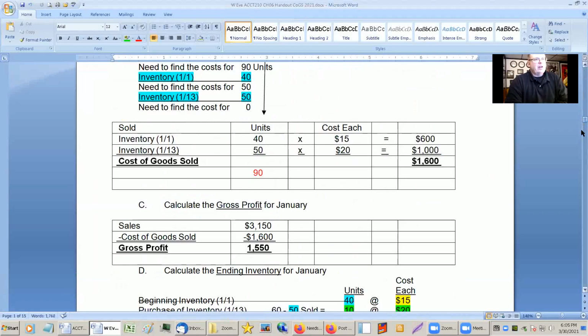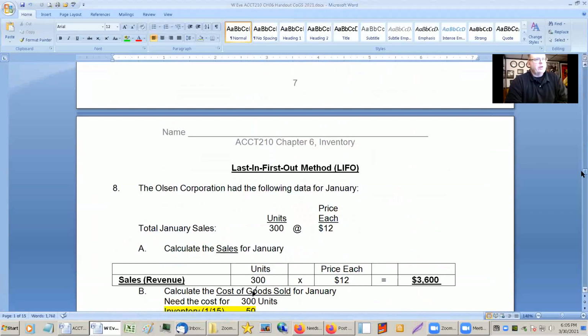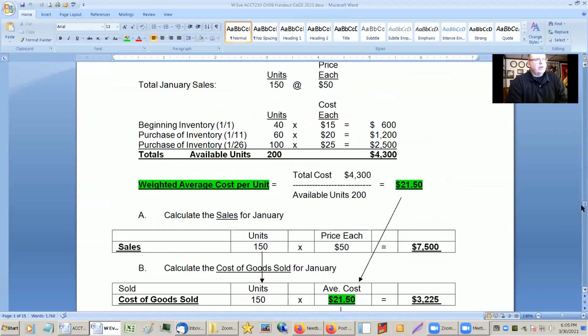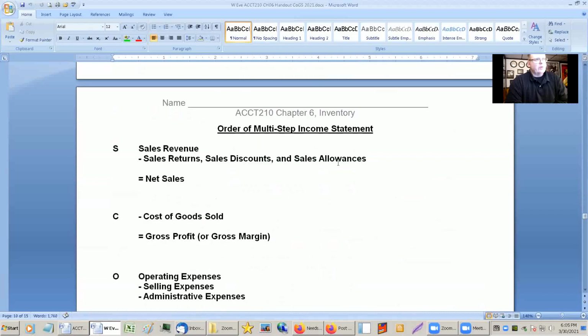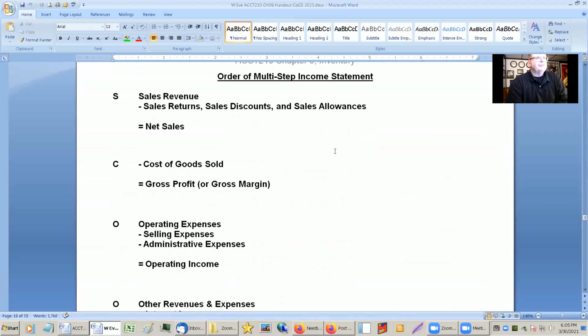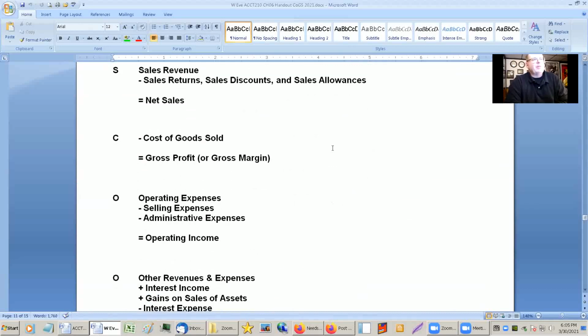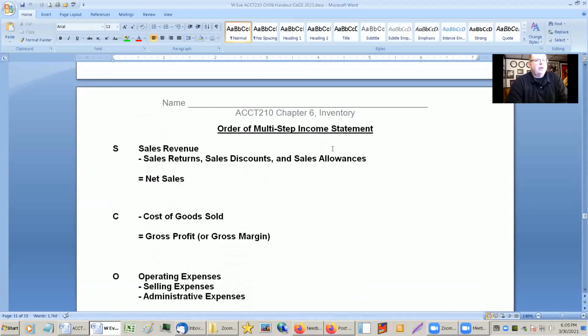Again, I think we've done all the way up through. Yeah, so we're on page 11. I'm going to talk about the multi-step income statement. And I am going to switch cameras so I can pull my calculator out.